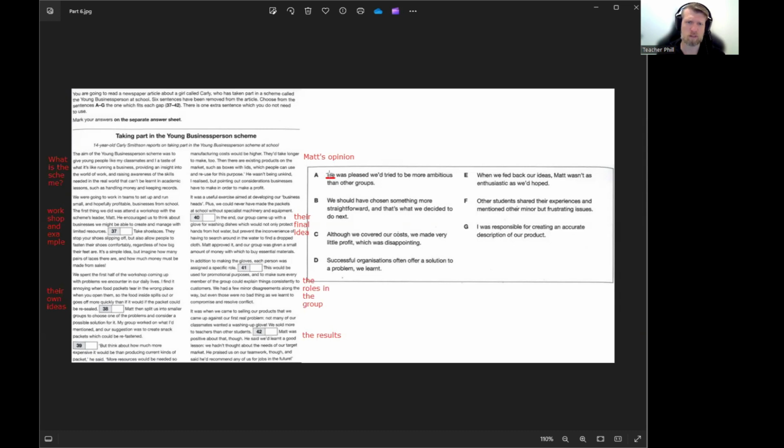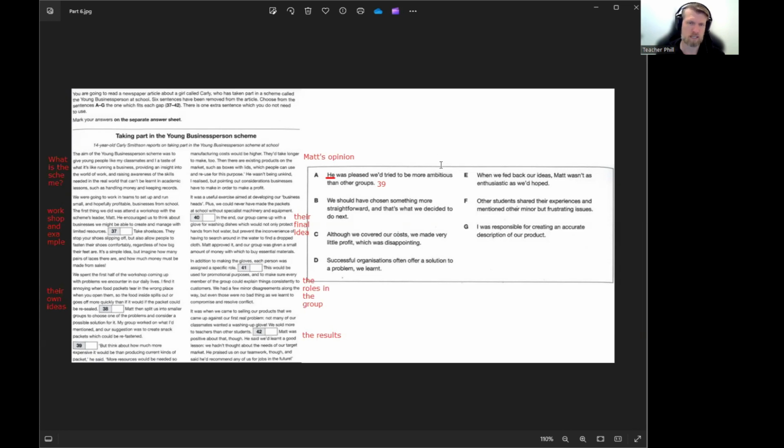So when we look at where Matt says what he thinks, that's probably the paragraph with Matt's opinion. What I would do here is write the number of the gap next to the sentence, so that I already know where I could possibly put it, without making a decision.